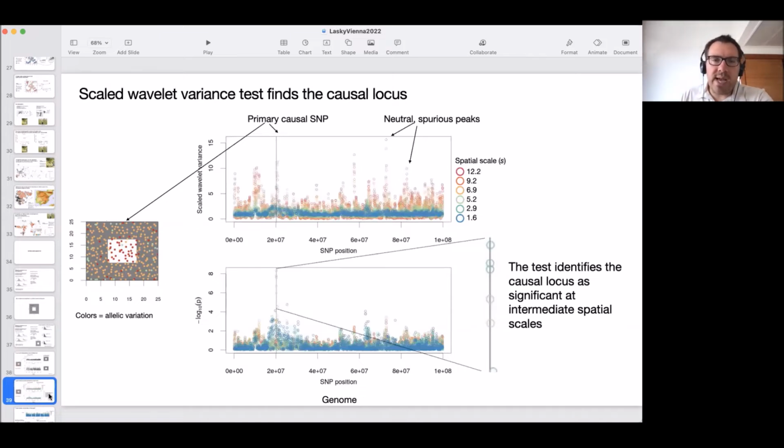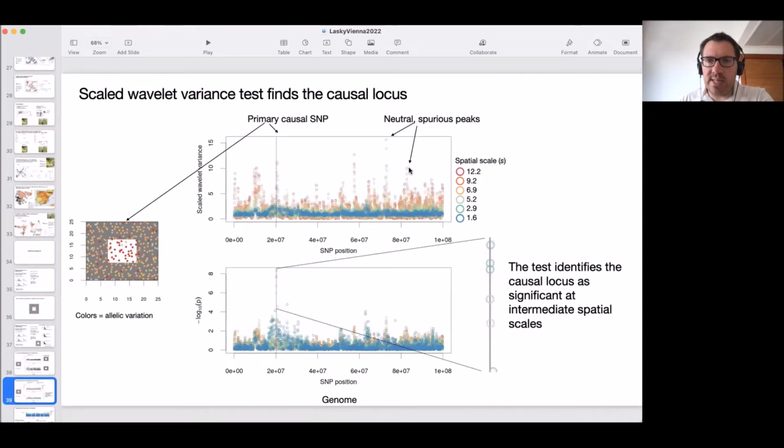So in the case of applying this scaled wavelet variance test, on the top I'm showing you the actual scaled wavelet variance values. One of the things that I think is useful from this is that the actual wavelet variance, that is the variance in the wavelet transforms, can be pretty high at larger scales.